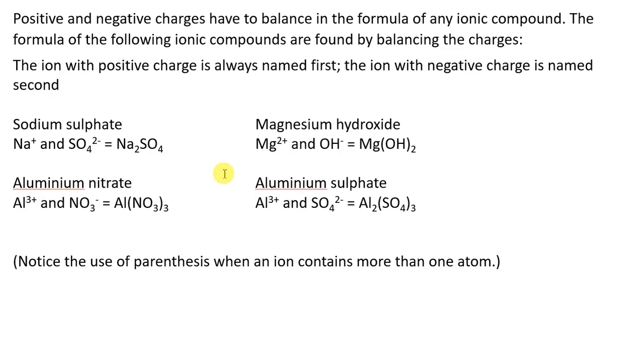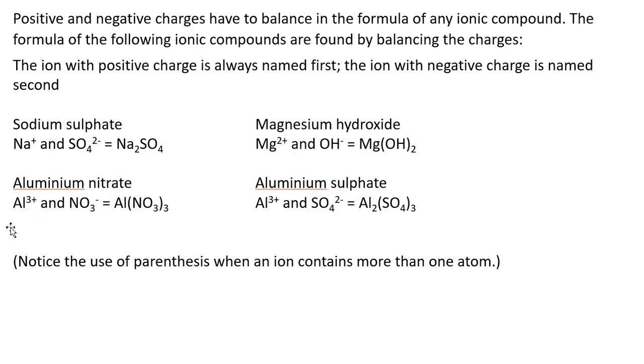Magnesium hydroxide, Mg2+, group 2 in the periodic table, OH- coming from water. I need 2 of the OH- to balance the Mg2+. And that would then give me Mg, note the use of parenthesis, (OH)2. Aluminium nitrate, aluminium group 3, Al3+.